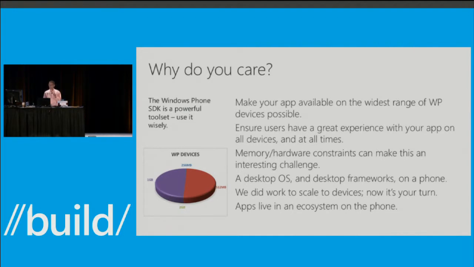A tiny amount of 256, those are obviously old Windows 7 devices, and an equivalent tiny amount of 2 gig devices. The trend seems to be that the 512 segment is growing in relation to the others. So if you are aiming to target the widest range of devices, or the biggest market, you probably want to be focusing on 512. Seems almost counterintuitive, but those are the numbers.